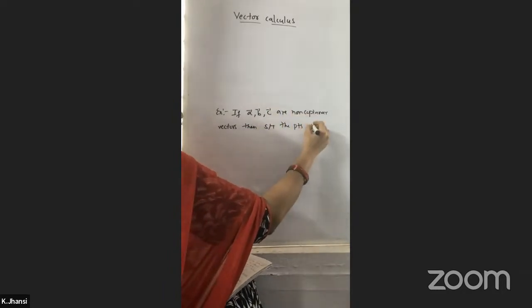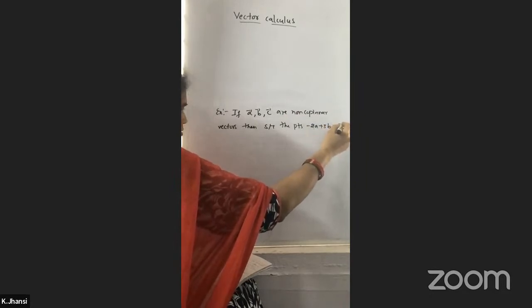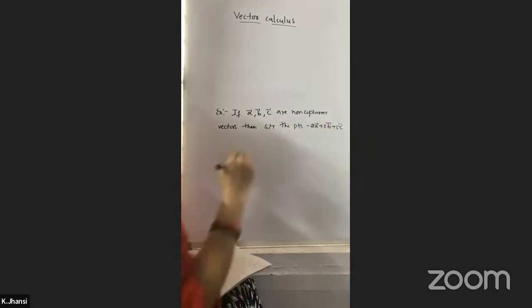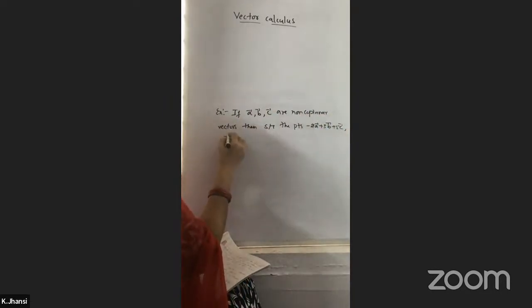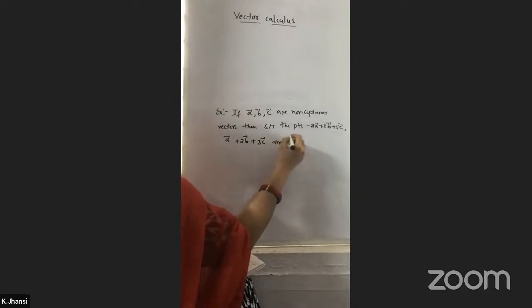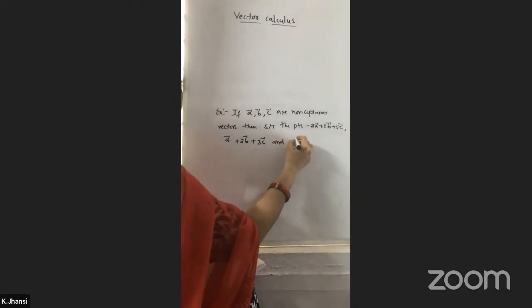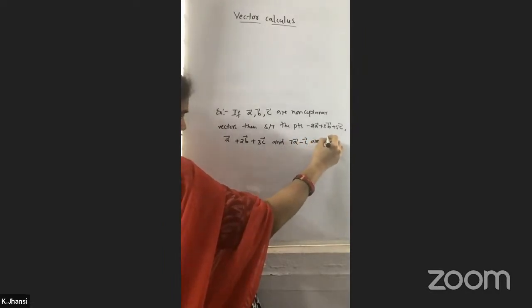First one is minus 2A plus 3B plus 5C, second point is A plus 2B plus 3C, and third point is 7A minus C, are collinear.